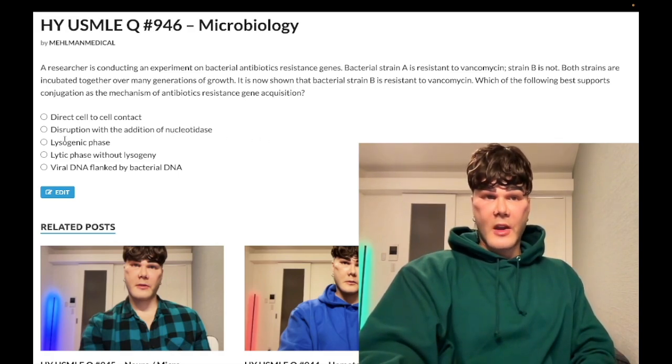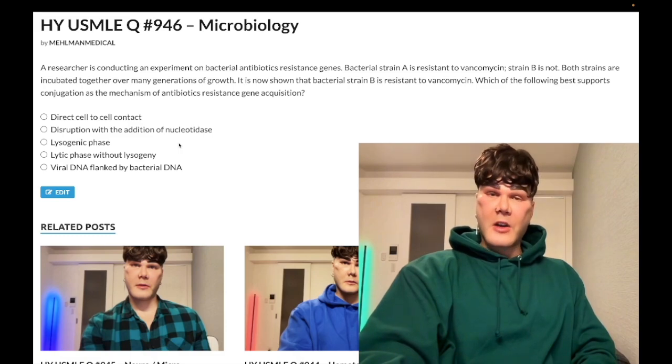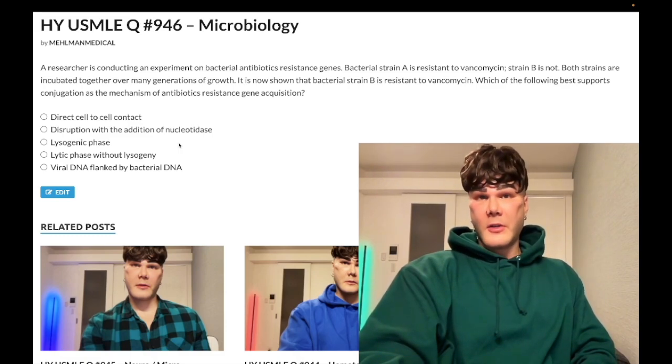Choice C, lysogenic phase. Wrong answer. This refers to specialized transduction. Transduction means you have a viral particle, aka a phage particle, that invades a bacterial cell. And if you have the viral DNA incorporate itself into the bacterial DNA, we call that the lysogenic process.